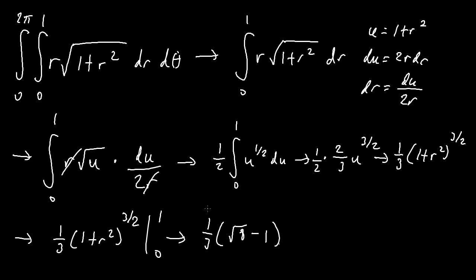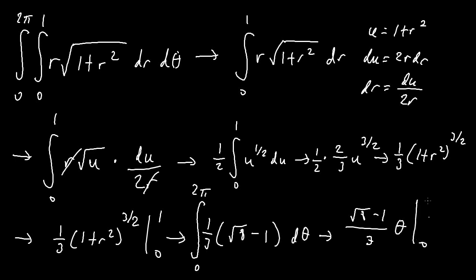So now we can integrate the outside from 0 to 2 pi, with respect to theta this time. Since this entire thing is a constant, the integral is just the square root of 8 minus 1 all over 3 times theta. And now we can evaluate that from the theta bounds of 0 to 2 pi.